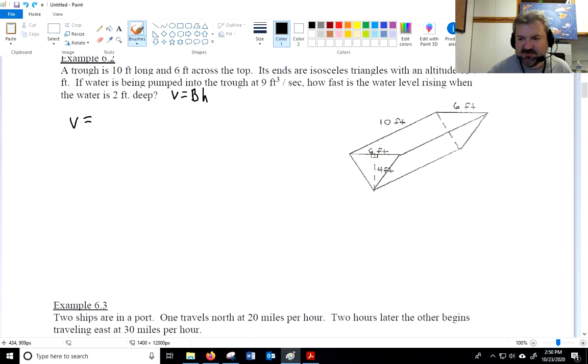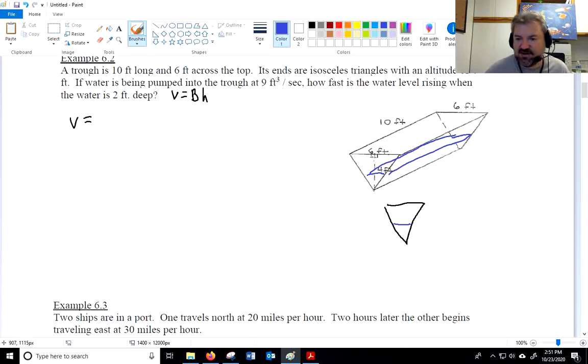All right, as the water is flowing in, let's go back to that. As the water is flowing in, we're going to have a water level like that. In other words, the water is going to be at some height like that, and will be rising.